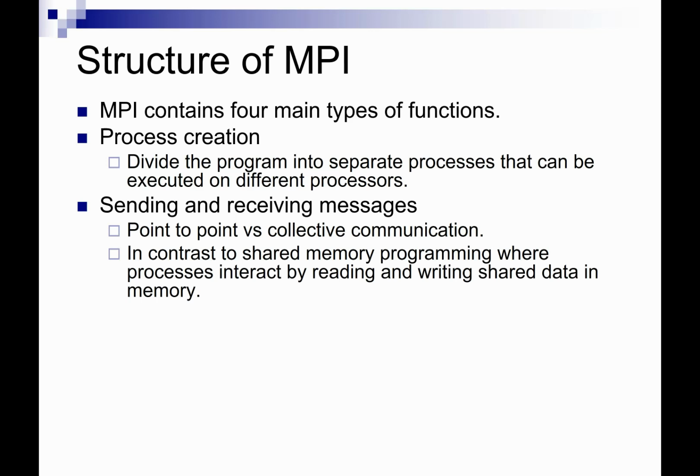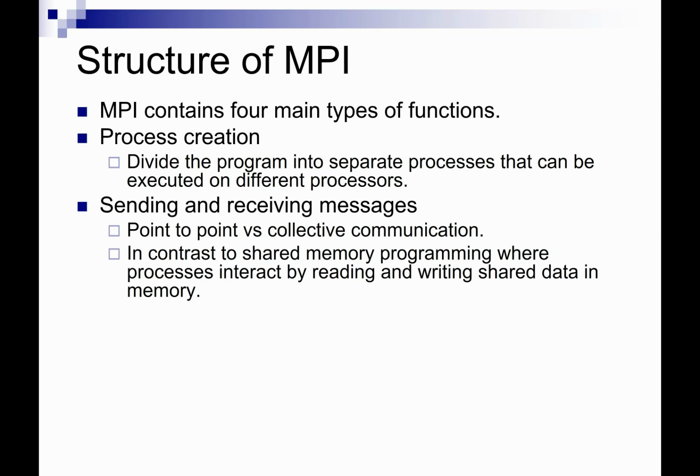Okay, I just want to stress again that in order for processes to get data from other processes, there's no way for a process to directly read data from another process. It has to be done through sending and receiving messages.